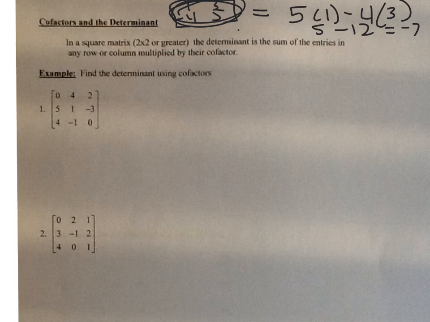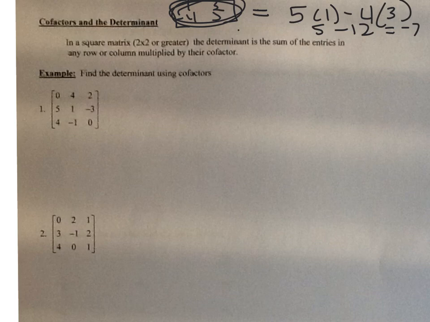All right, so we want to find the determinant using cofactors. All right, so the first thing you have to do is you have to find your minors. Now, in order to do this, the determinant is the sum, so we're going to add, of the entries in any row or column multiplied by their cofactor. So you have to pick a row or a column to work with.